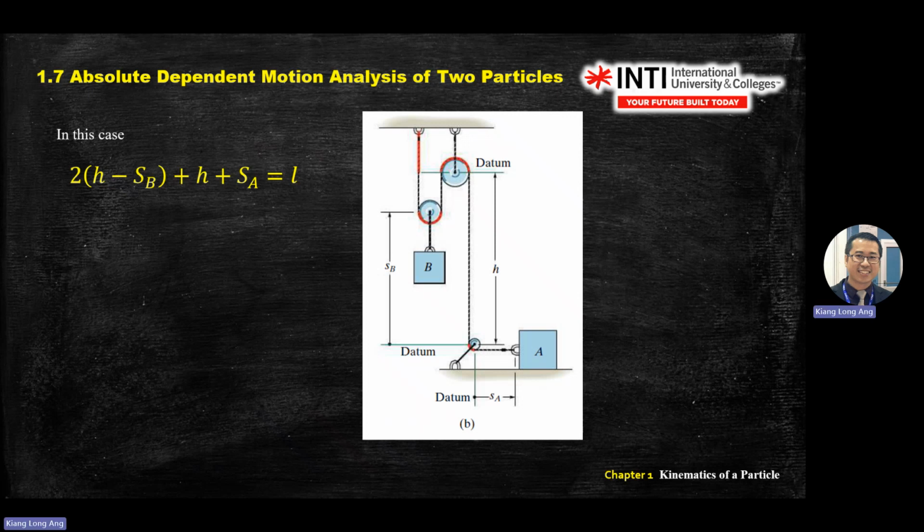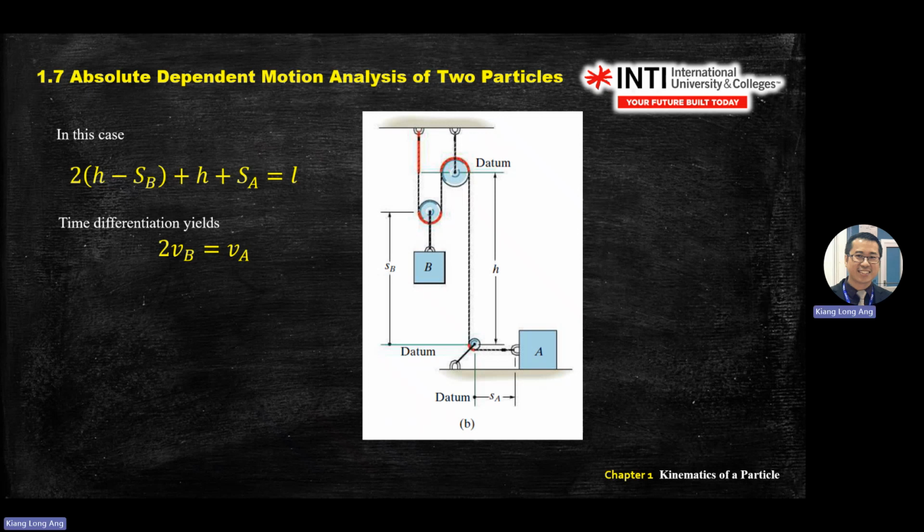Once you have this one, you continue with the procedure. You regroup the things, so this one will put inside 3H, but you know when you differentiate H doesn't change. So you still get 0. Right? At the end, you get 2VB equal to VA.